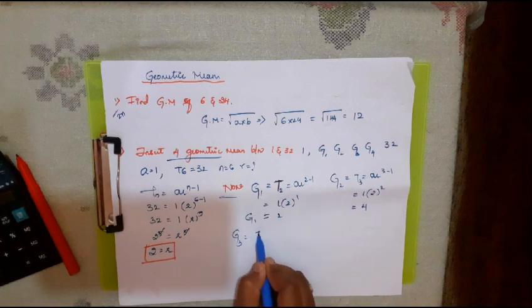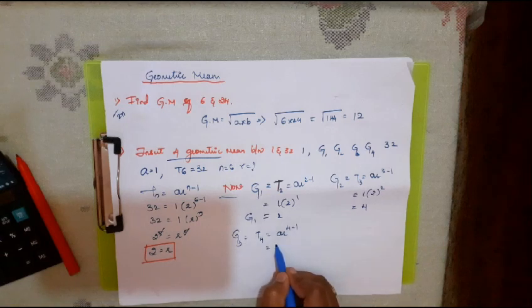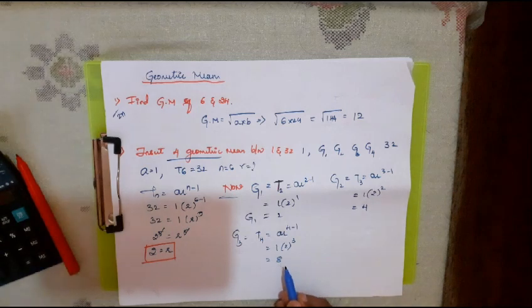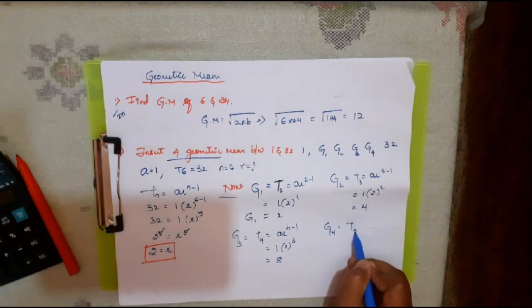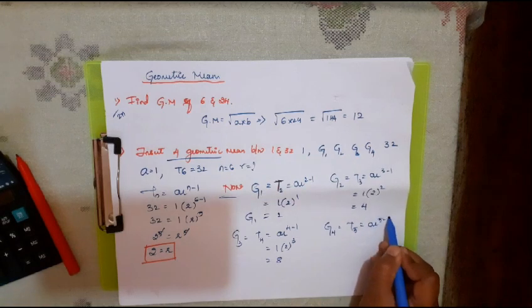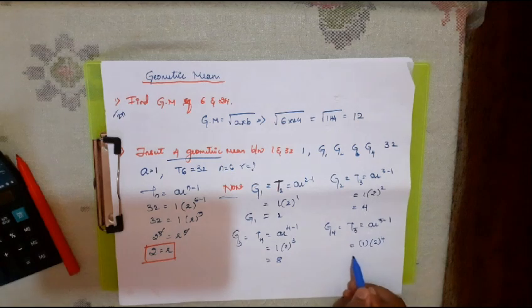G3 we find, that is T4, AR to the 4 minus 1, A is 1, R is 2 to the power 3, 8 you will get. Okay, then G4, T5, AR to the 5 minus 1, 1 into 2 to the power 4, so you are getting 16.